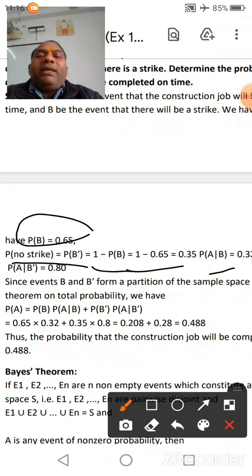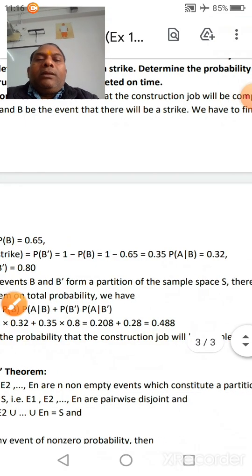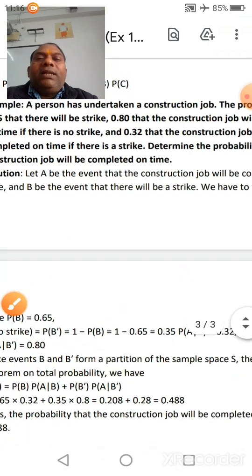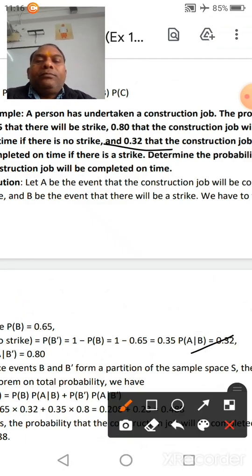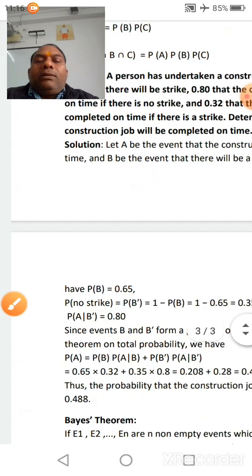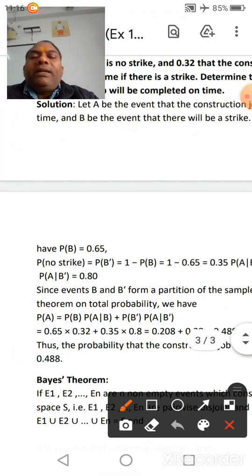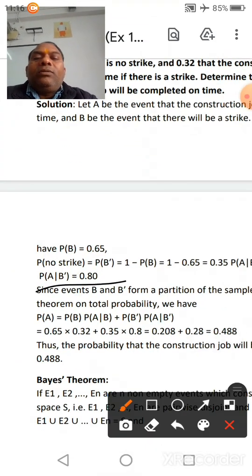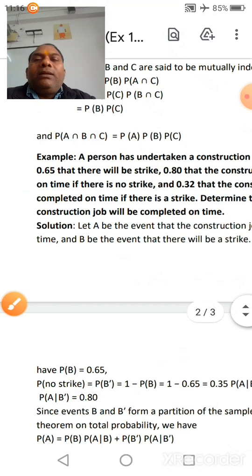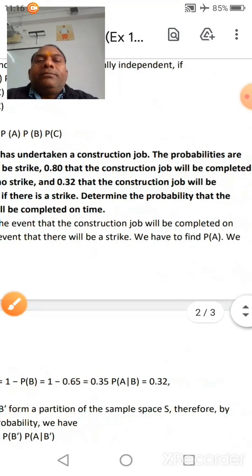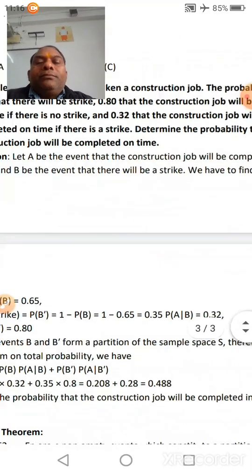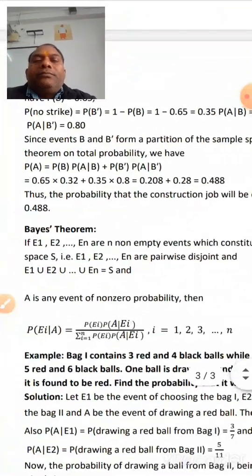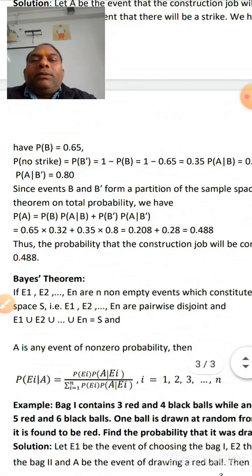P(A|B) is equal to 0.32, already given. And P(A|B') is 0.80, already given. Clear?